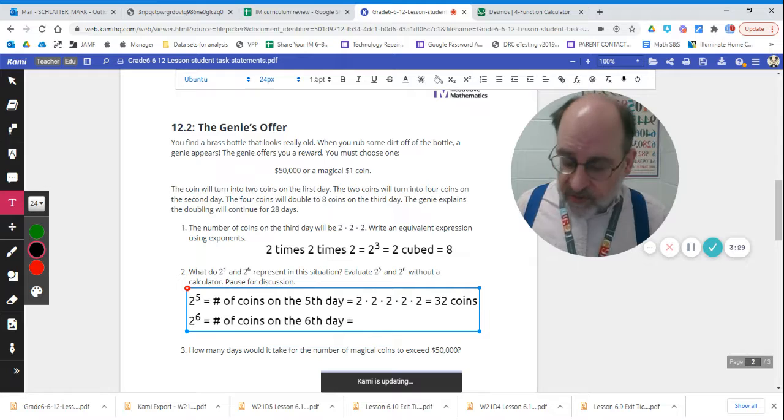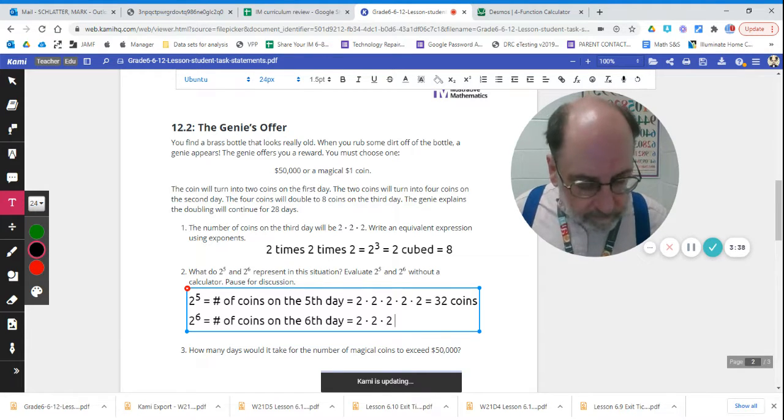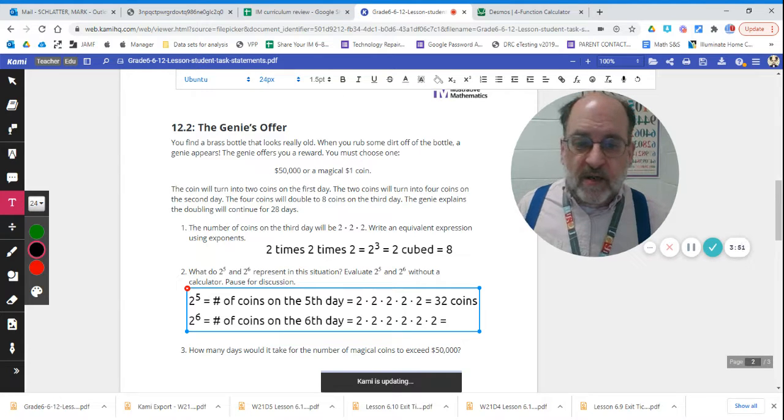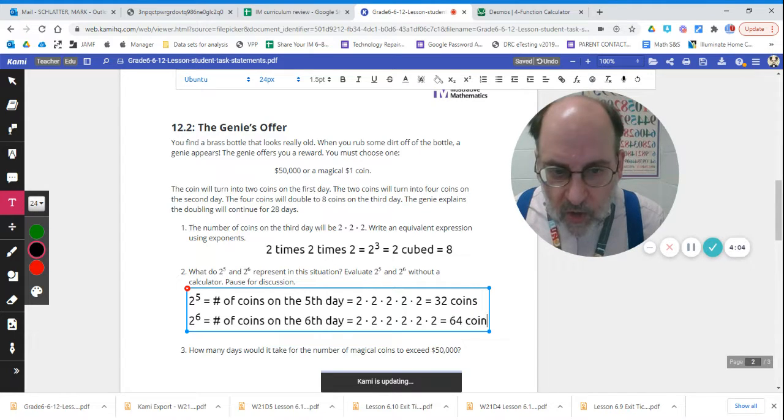So I have to write down 6 2s. Let's think about what's happening. 2 times 2 is 4, times 2 is 8, times 2 is 16, times 2 is 32, and if I multiply by 2 one more time, I will get 64 coins.